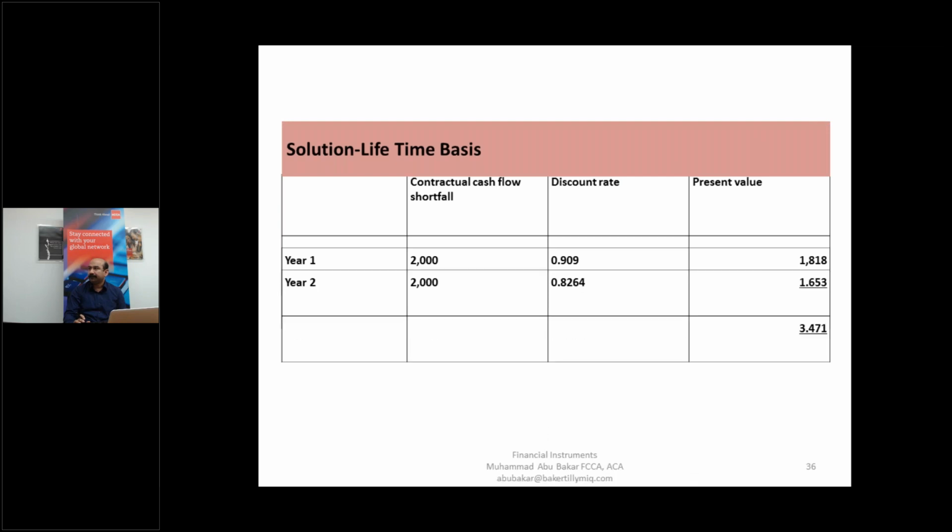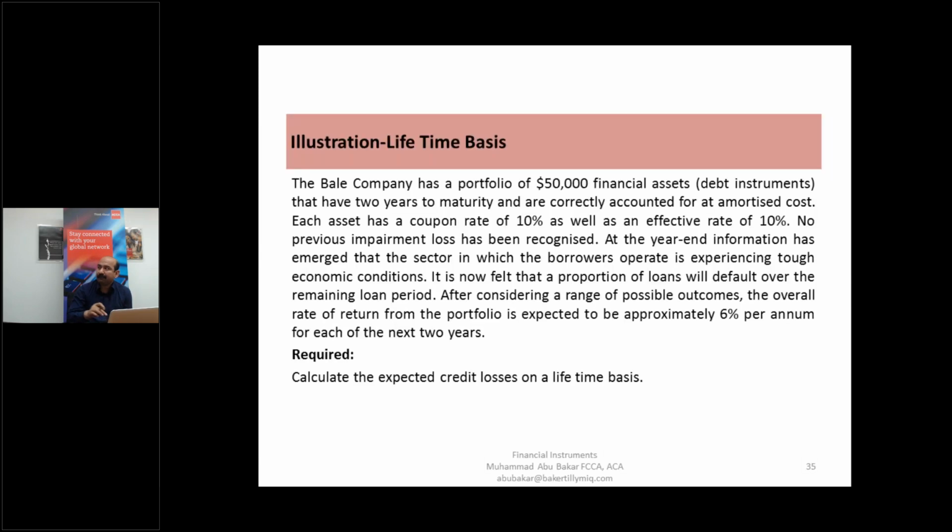This is basically the contractual cash flow shortfall. Because if we go back to the earlier slide, we can see that 50,000 is the value of this debt instrument, and the return was 10%.